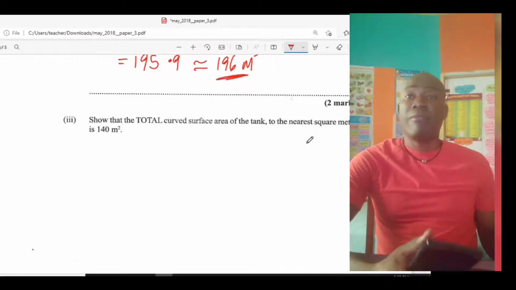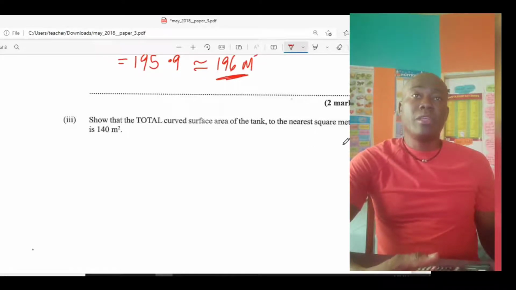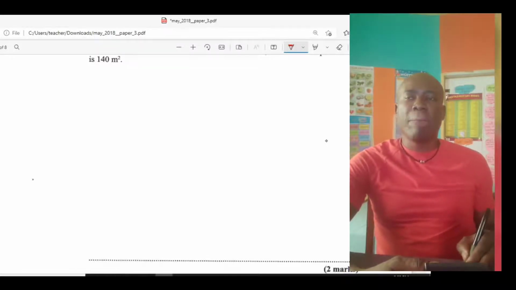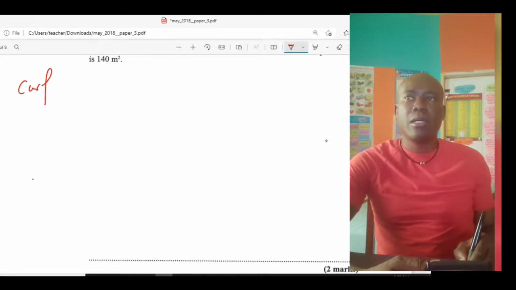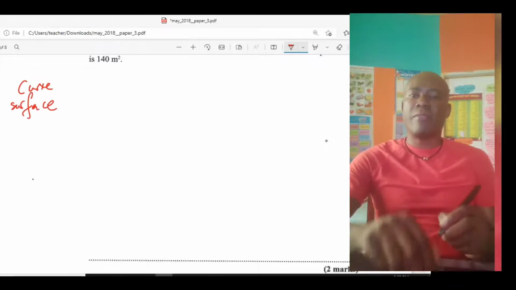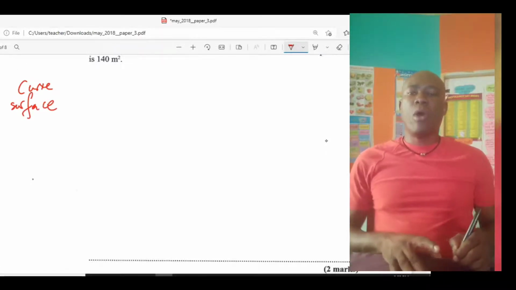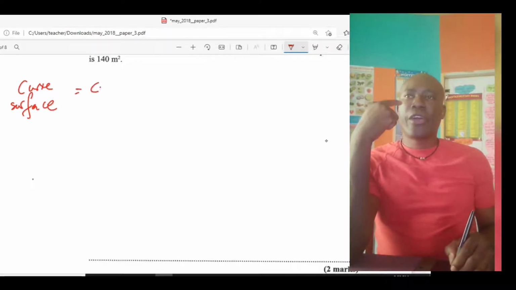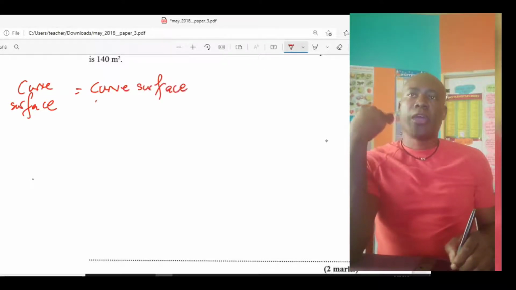curved surface of the tank to the nearest square meter is 140. Now, if we're talking about the curved surface of the tank, basically what we're actually looking at is, hear this, we're looking at the curved surface of the cone.